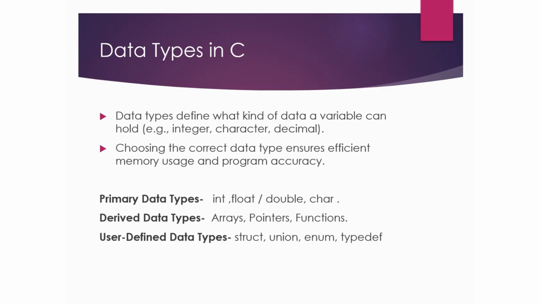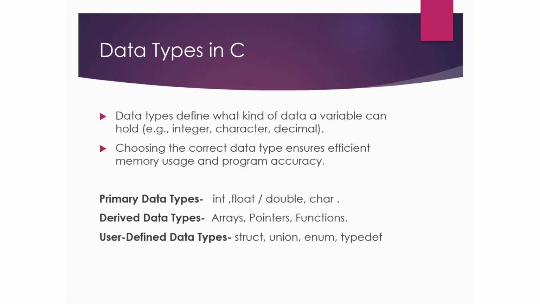There are three types of data types: primary, derived, and user defined. In primary we have int, float, double, and char. In int we store the integer values, for float and double we store the decimal values, and char stores single characters like say A, B, C, K, etc.